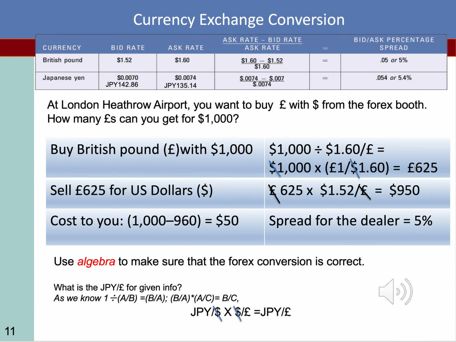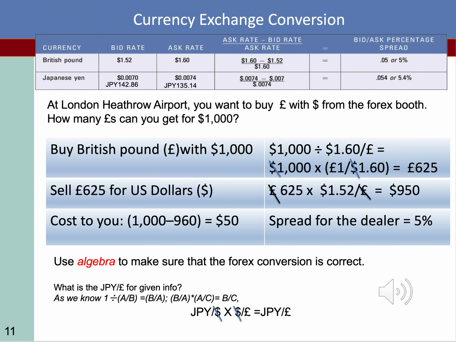Now, when you get the 625 pounds, you want to leave. Suddenly your cell phone rings. Your secretary called. Oh no, you need to come back immediately, for some emergency. So you decide to sell the pounds.